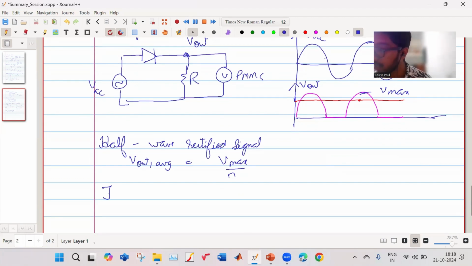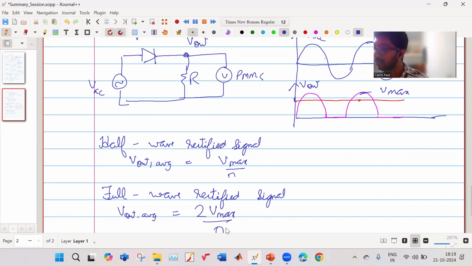If it is a full wave rectified signal, then my V output average will be equal to 2 into V max upon π. That signal would be something like this, like this, like this. Both in the positive and negative cycle, it gets rectified to a positive value.